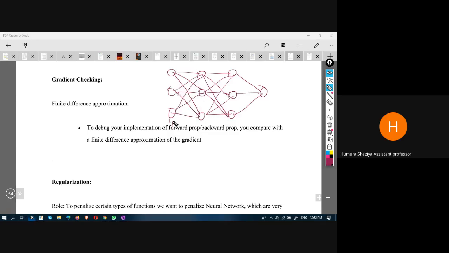Input travels in a forward direction like this, reaches the output and generates an output y hat. Then this y hat is compared with y. If there is a much difference, this value is sent back on all the paths.